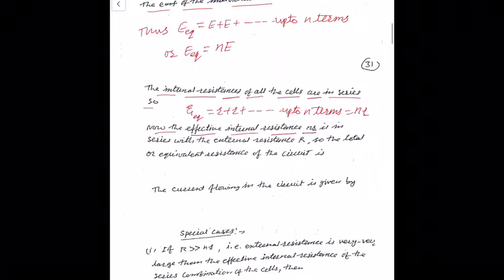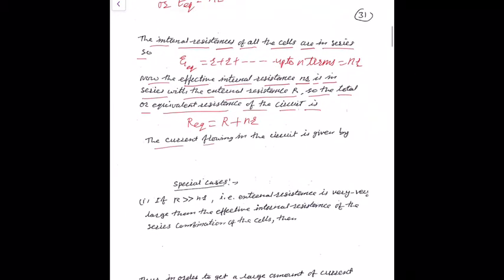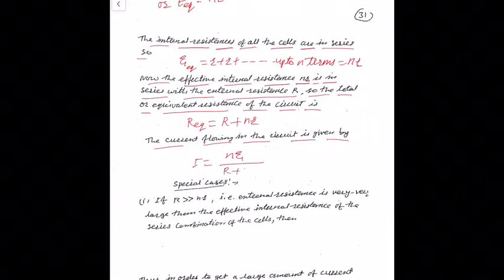Now the effective internal resistance nr is in series with the external resistance R, so the total or equivalent resistance of the circuit is R equivalent equal to R plus nr. The current flowing in the circuit is given by I equal to nE upon R plus nr.